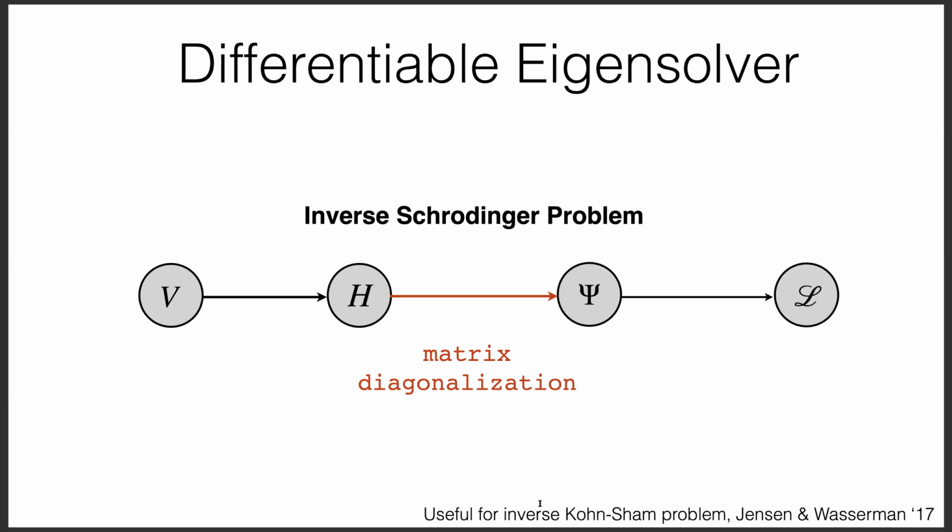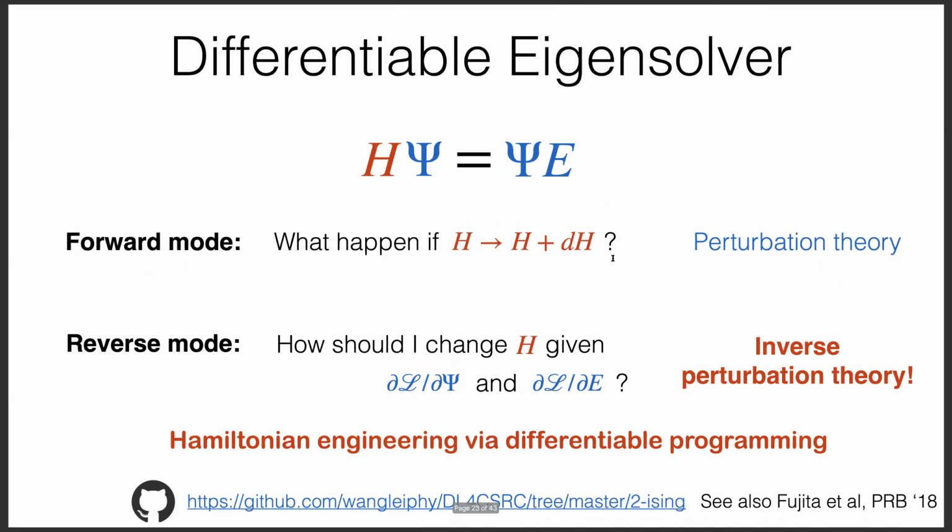Okay. So what does a differentiable eigensolver mean? Let's think about it for a moment, because this nicely brings some connection to something I'm sure everyone knows. The eigensolver is basically the same thing as our Schrodinger equation, right? We can view an eigensolver computationally as one step in the computation graph. So it's a branch.